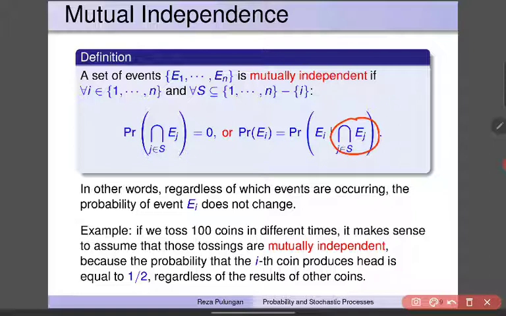For example, if we toss 100 coins in different times, so these are different coins and different times, it makes sense to assume that those tossings are mutually independent, because the probability that the ith coin produces head is equal to 1/2, regardless of the result of other coins. So these coin tossings therefore are mutually independent.